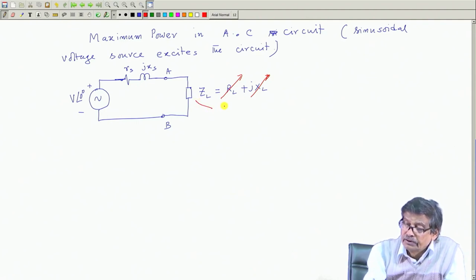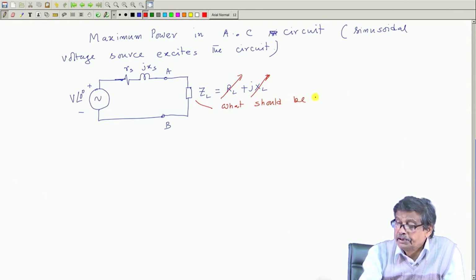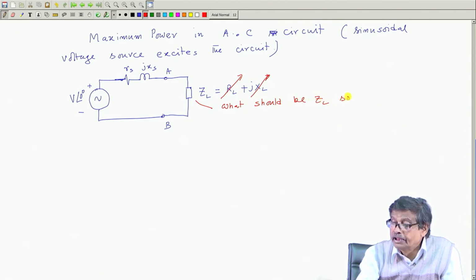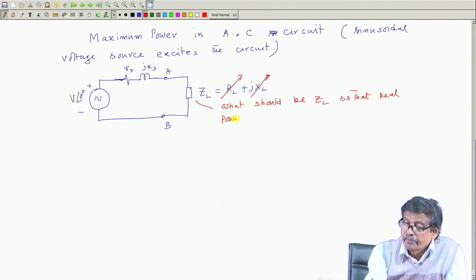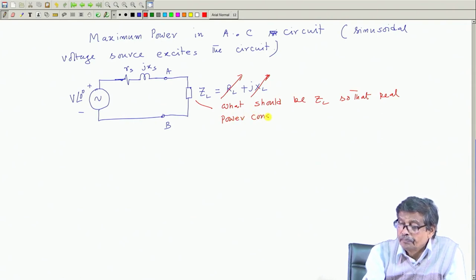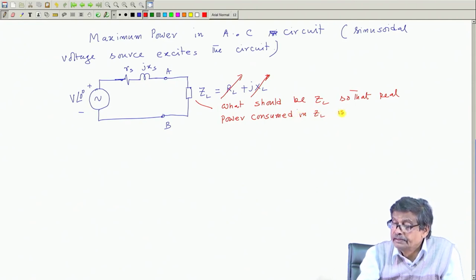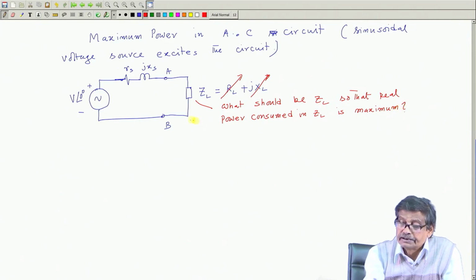The question is, what should be ZL so that the real power consumed in ZL is maximum. This is how the problem should be stated.